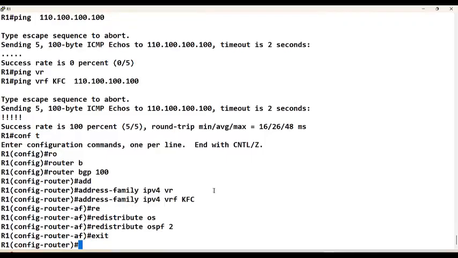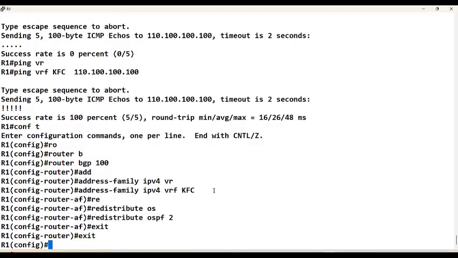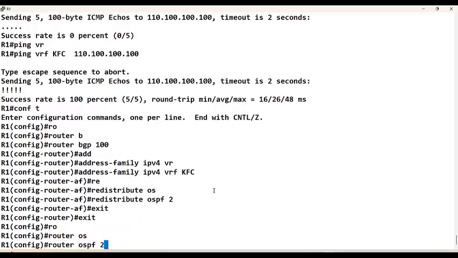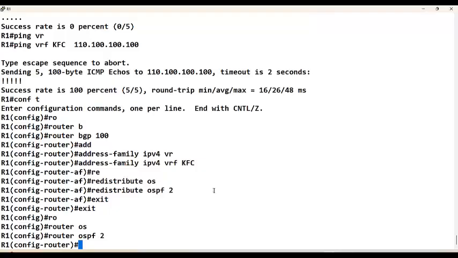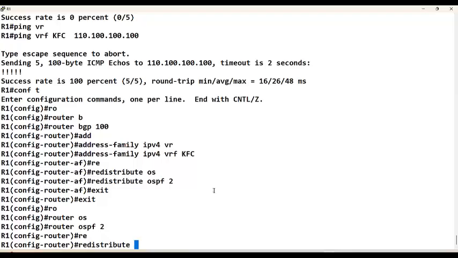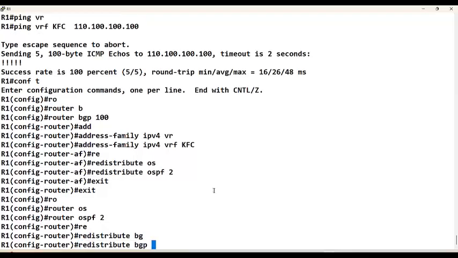Likewise, I also need to go under OSPF, router OSPF 2. Every time you no need to say VRF KFC in OSPF. First, when we created OSPF 2, we said VRF KFC. That is enough. I'm going to say redistribute BGP 100.